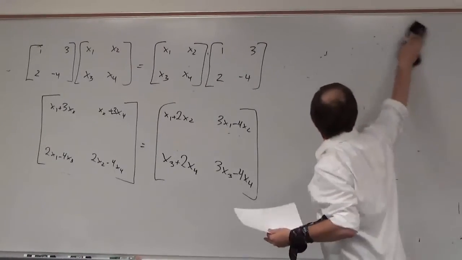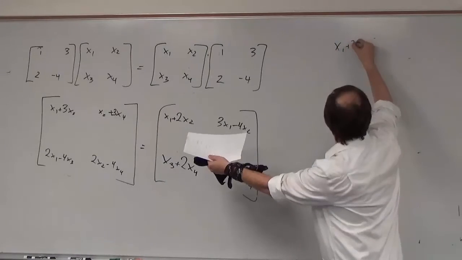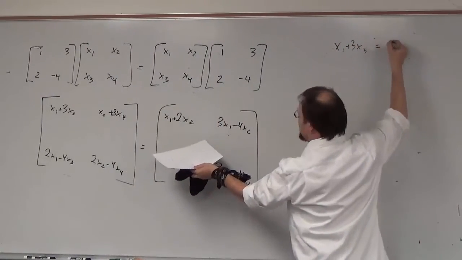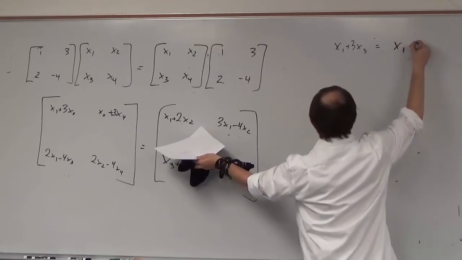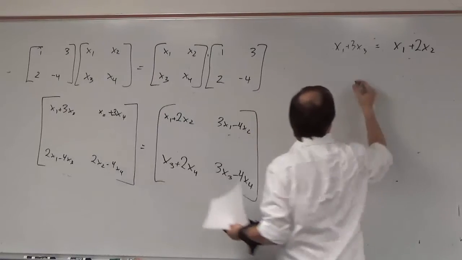The system looks like this. x1 plus 3x3, the 1, 1 entry here has to equal the 1, 1 entry here. Then let's get the 2, 1 entries and let's equate those.